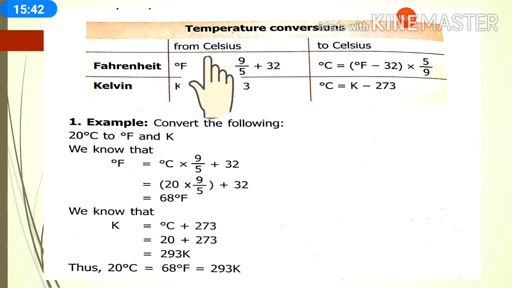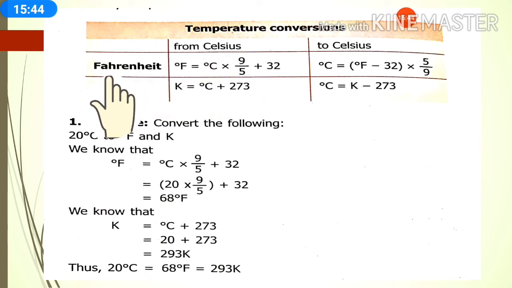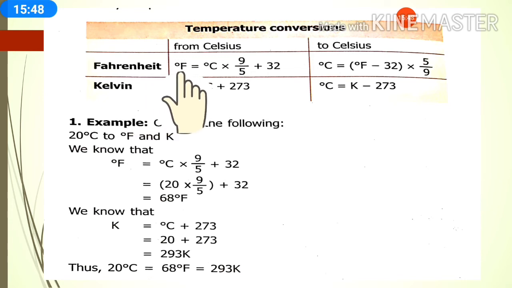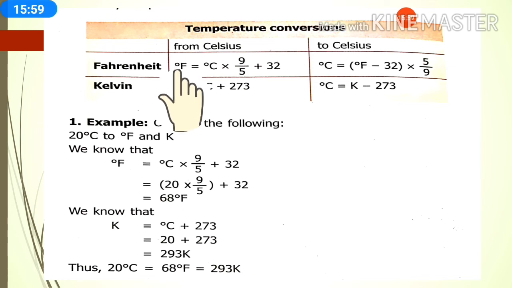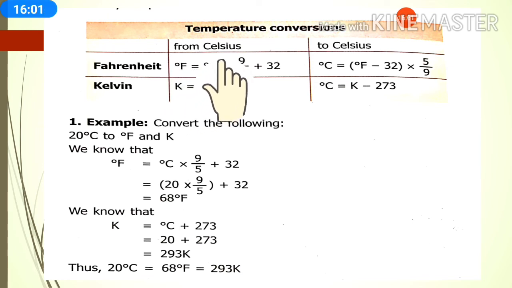See, if the temperature is in Fahrenheit, and from Fahrenheit you have to convert the temperature to Celsius. Okay, so how to convert Fahrenheit temperature to Celsius? The value in degrees given in Fahrenheit we can convert to Celsius. How?